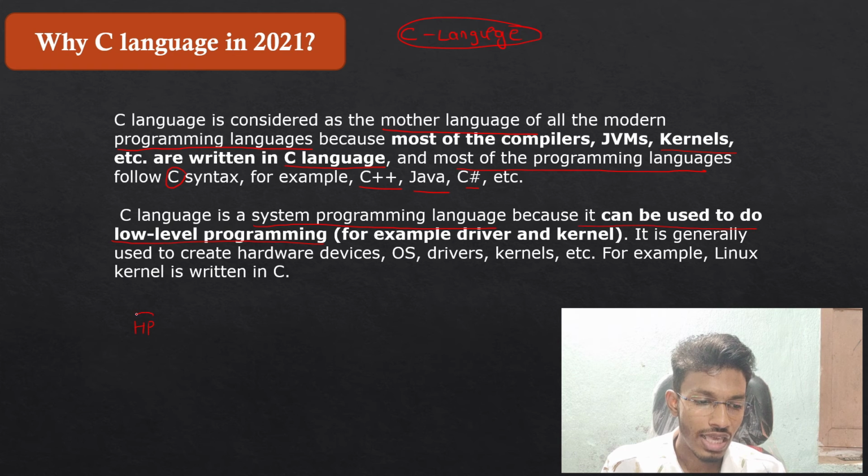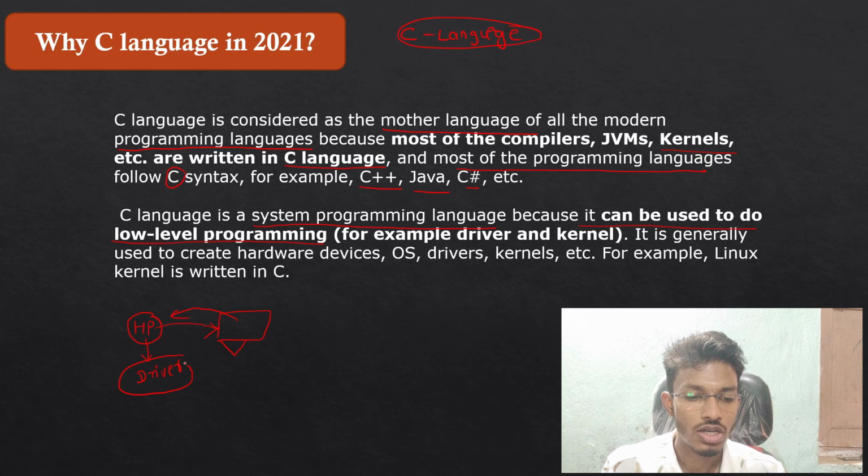When you connect this HP printer to your computer system, it is not identified by the system. So we have to download the driver for this HP printer, and after successful installation, the PC understands it and we can print. This driver was written in the C language.